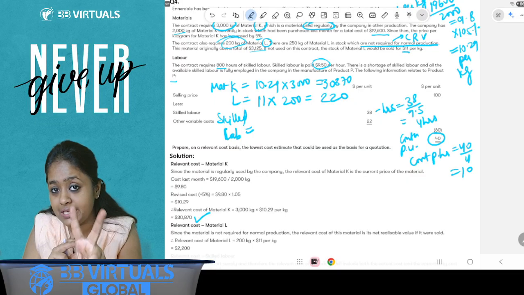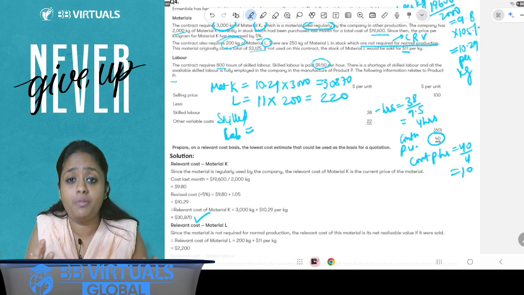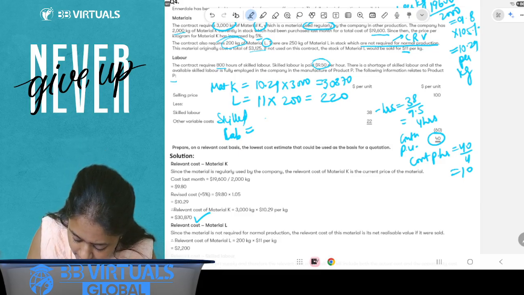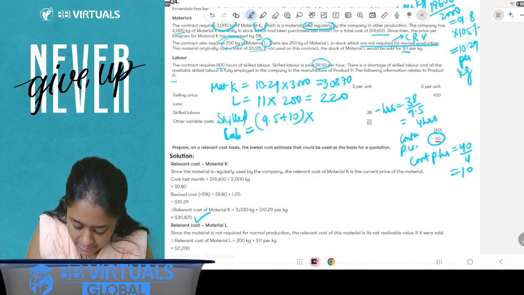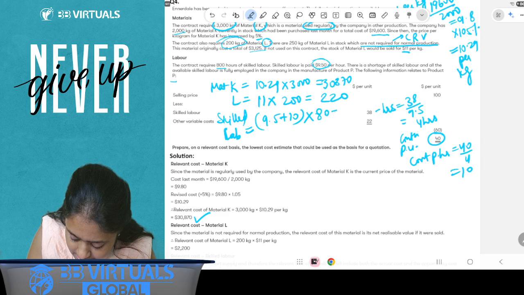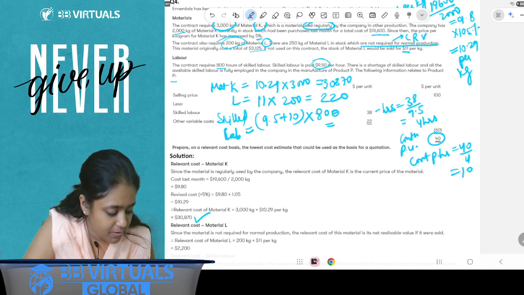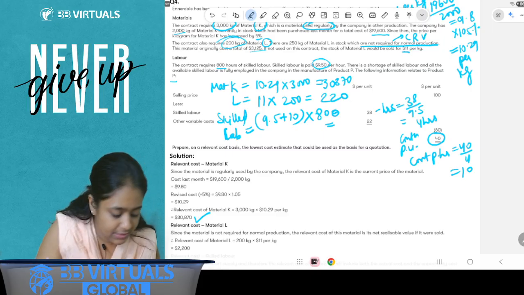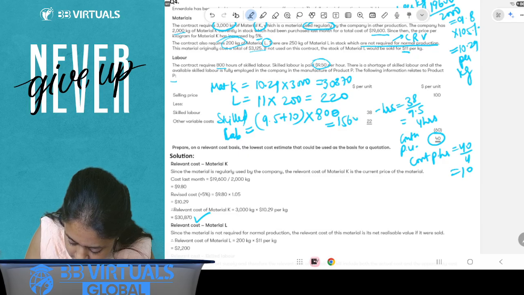We add two things, right? Lost contribution plus normal labor rate, because that needs to be paid to them. Normal labor rate is 9.5. So we will do 9.5 plus 10 multiplied by, we require 800 hours. So it will be equal to how much? Let's do the quick calculation. 19.5 multiplied by 800, 15,600.